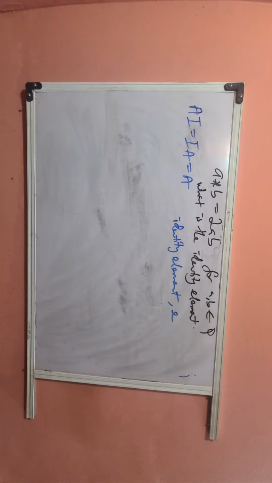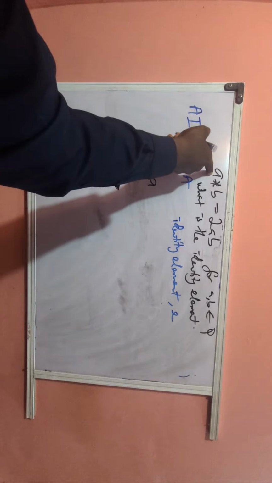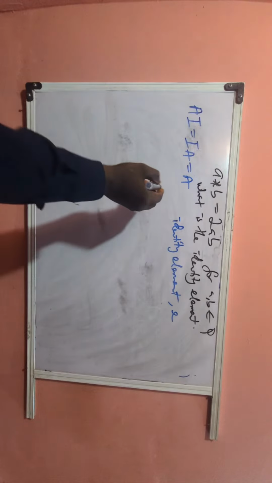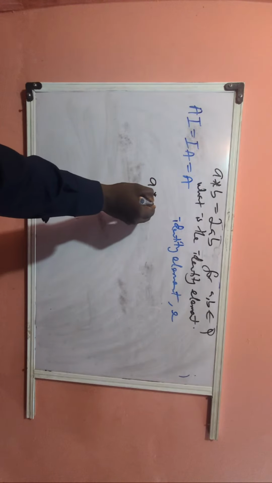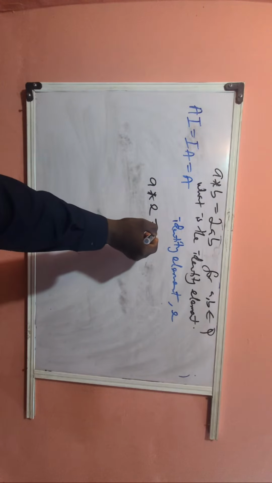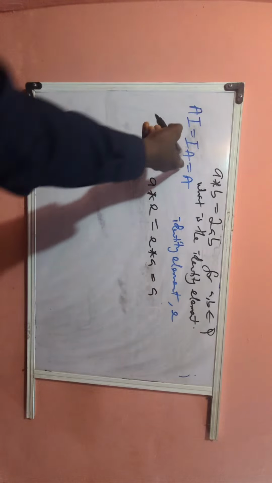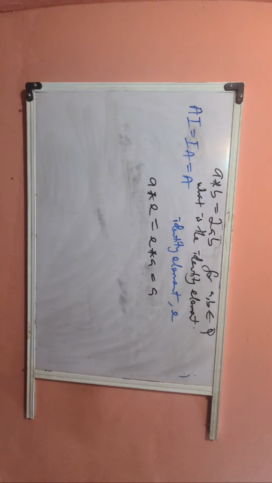If something is an identity element, when you pick any A, A star identity element must be equal to identity element star A, and it must be equal to A, just similar to what you have in matrix.